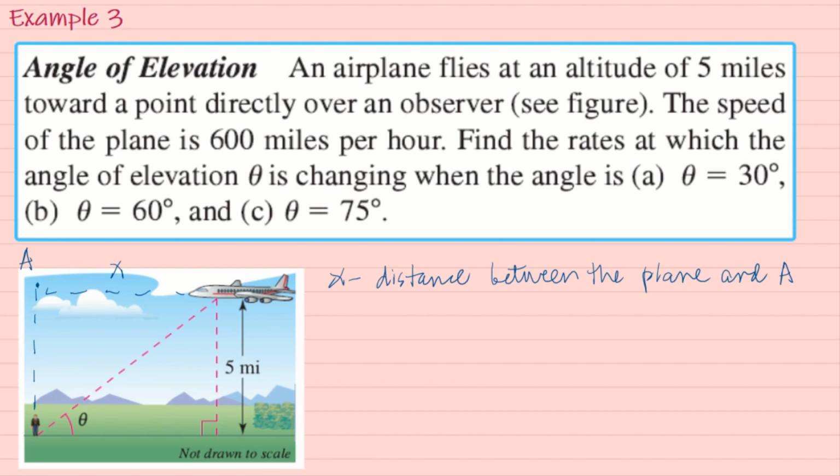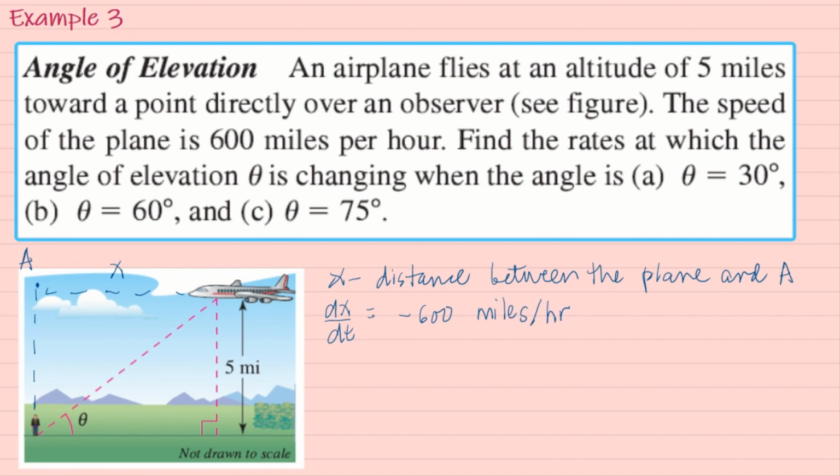And the given rate, which is 600 miles per hour, would now be represented as dx over dt. And this is going to be negative because as the plane moves towards point A, the value of x would be decreasing with respect to time. So we will be writing it as negative 600 miles per hour.